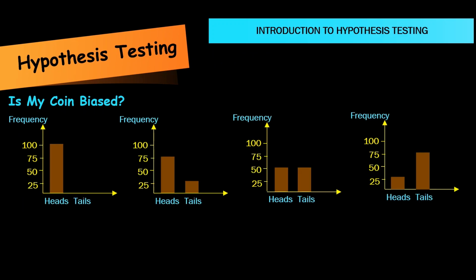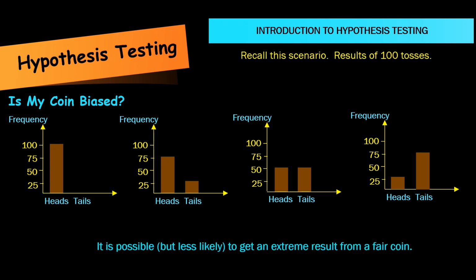So let's go back to my is my coin biased example. We've got some of the scenarios that could take place with 100 tosses on our screen. Notice that it is possible, but less likely, to get an extreme result from a fair coin.